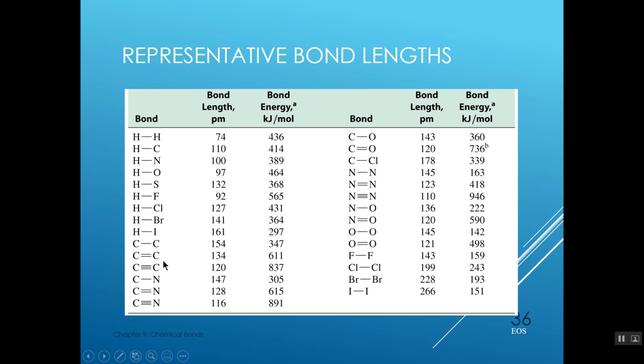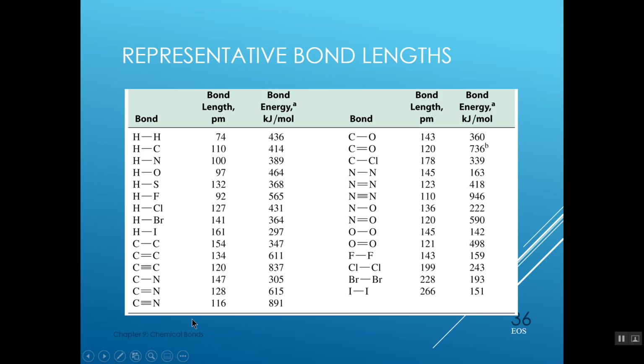So basically what that tells you is that the greater the number of shared pairs of electrons between the two atoms, the shorter will be the bond. And that makes sense because the more electrons that are shared between the two atoms, the greater will be the attraction of the nuclei for the shared electrons, and therefore the atoms will be drawn closer to each other, and the bond length will decrease.